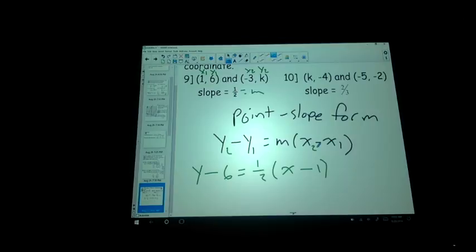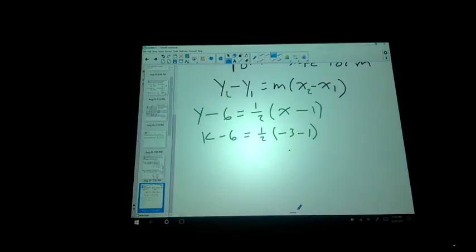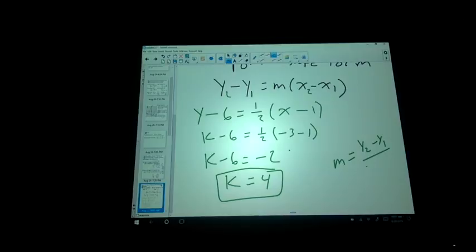So now I'm going to say y2 is k, so k minus 6 equals 1/2 times x2, which is negative 3, minus 1. Now I can extend the page. K minus 6 equals, that's negative 4. Half of negative 4 is negative 2. Add 6 to that, so I get 4. So my missing value was 4. You also could have used the slope equation to find it. Slope equation and point slope are very much related to each other.